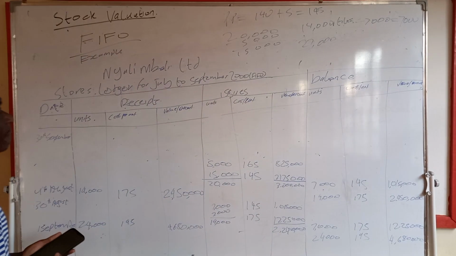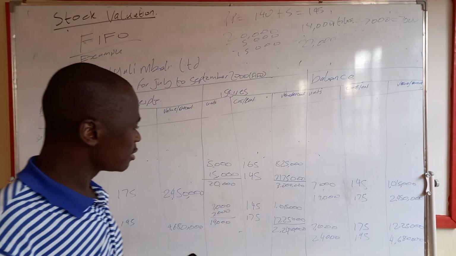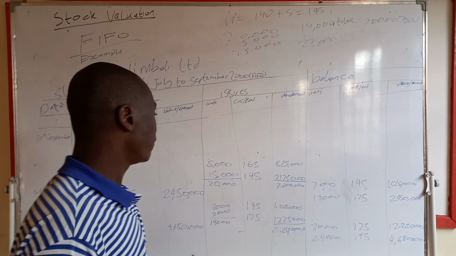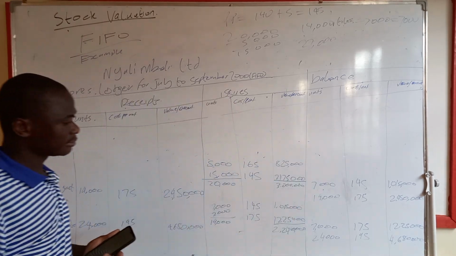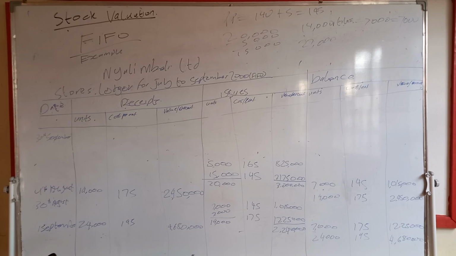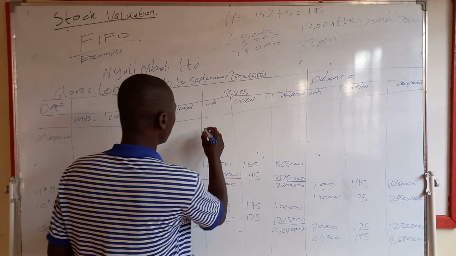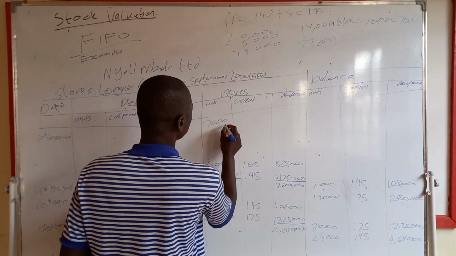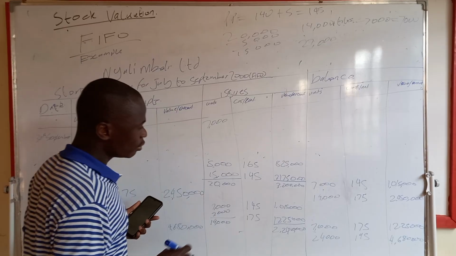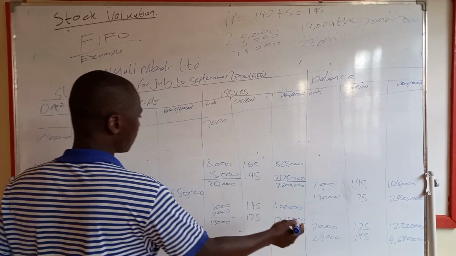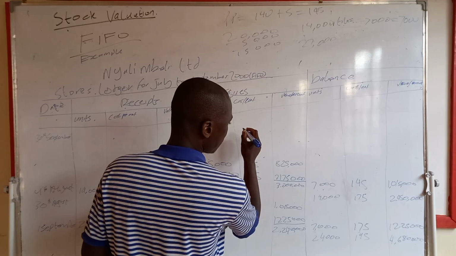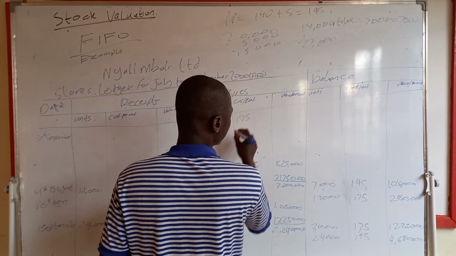Now, where did this 27,000 come from? First is this one, the 7,000. So what was issued first was 7,000. What was the cost? The cost was 175.